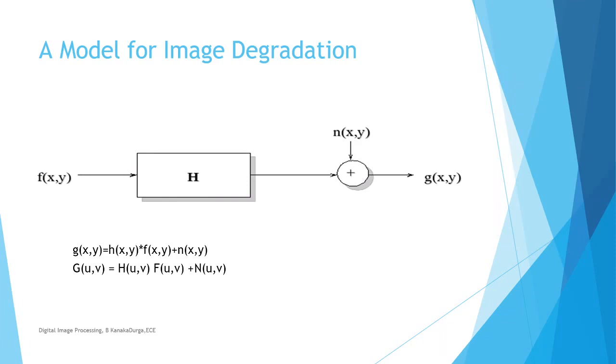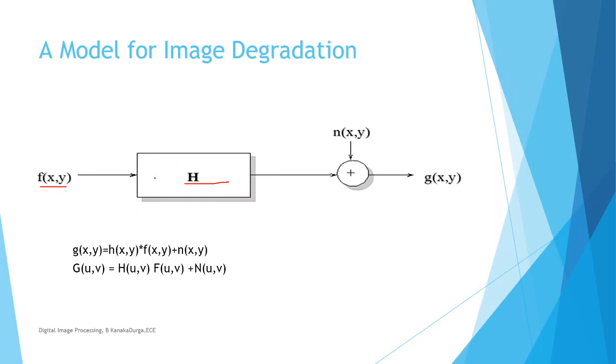So a model for a degraded image, observe this. We have the original image f of x comma y. This original image f of x comma y has undergone some degradation process. That function we are assuming as h, where h represents the degradation function.